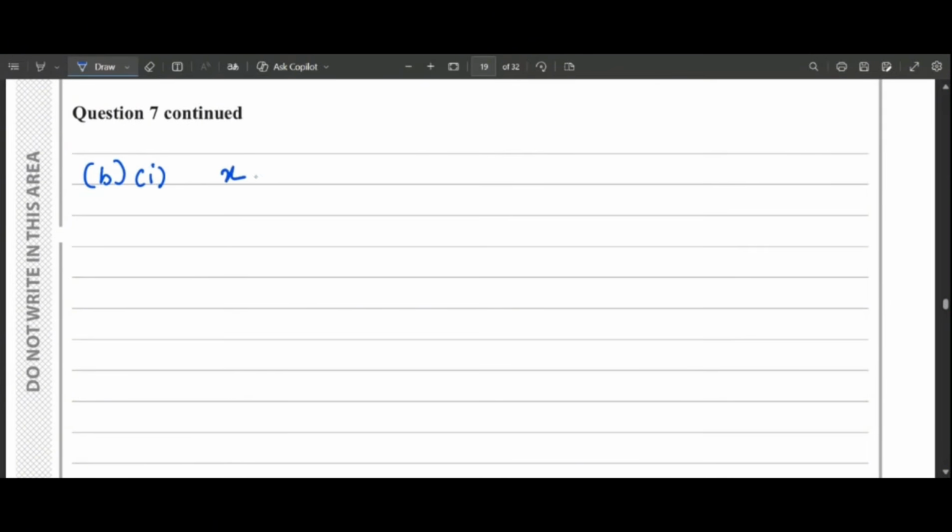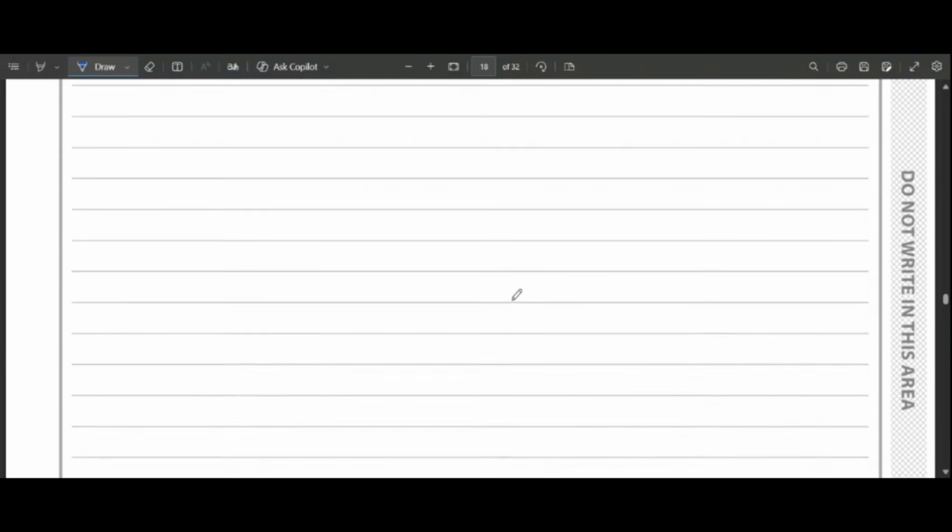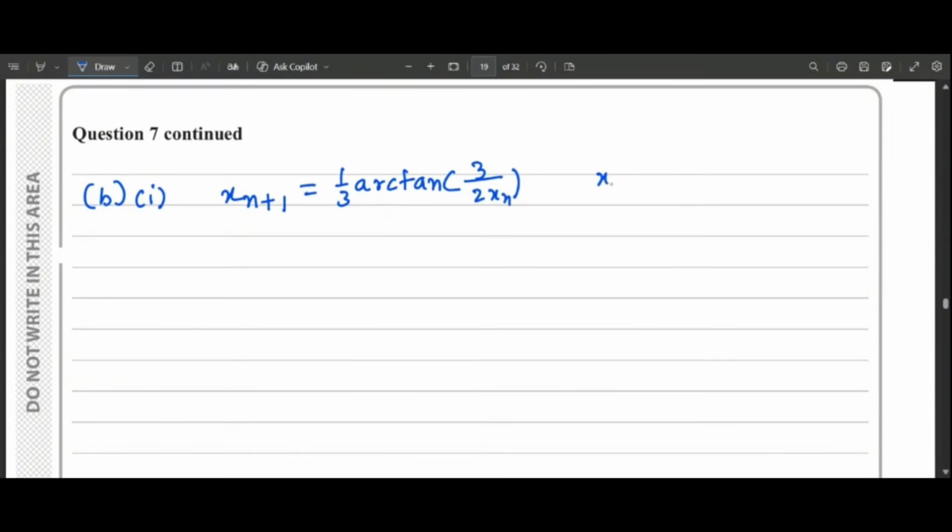So we first of all can write out the iteration formula. x(n+1) is equal to 1/3 of arctan 3 by 2 xn. Let me check again. Yes, this is our iteration formula. We know that x1 is 0.4. We have to find out x2. To find x2, we have to input the value of x1 into our iteration formula.